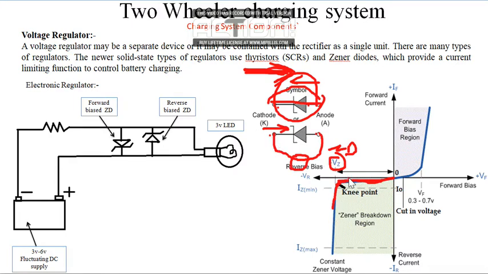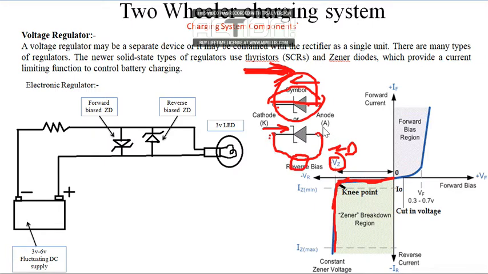So that time current starts to flow and the current value increases, but the Zener voltage value remains the same. We are allowing more and more current to flow, but the Zener voltage remains constant. The flow of current through your Zener diode increases, but the voltage applied across this diode is constant.